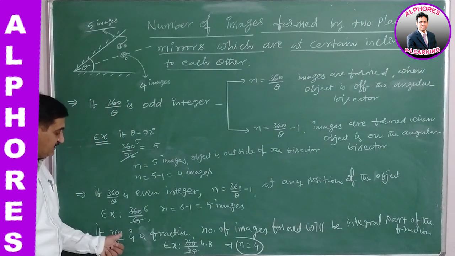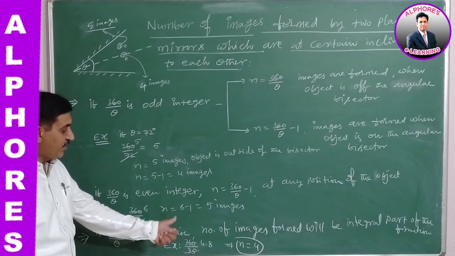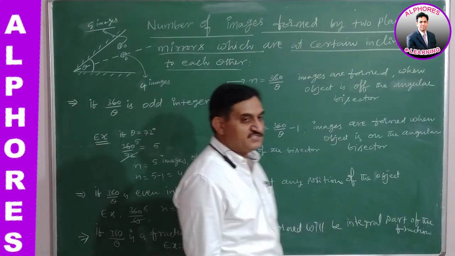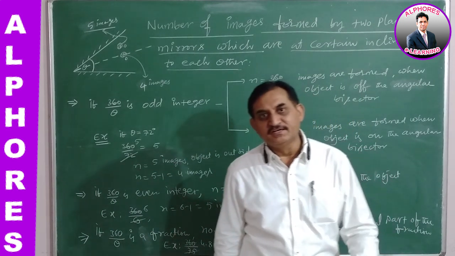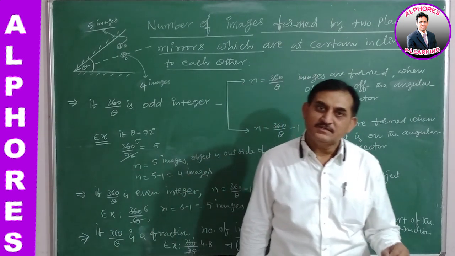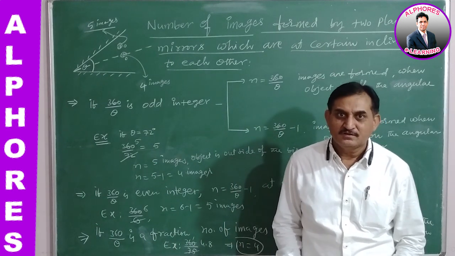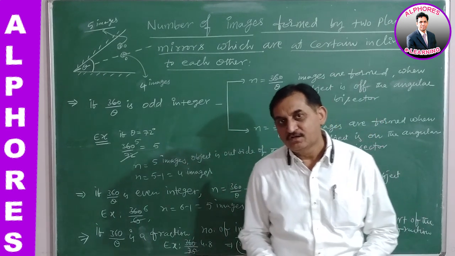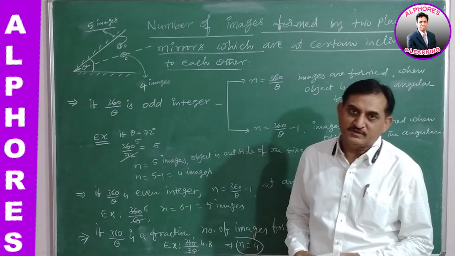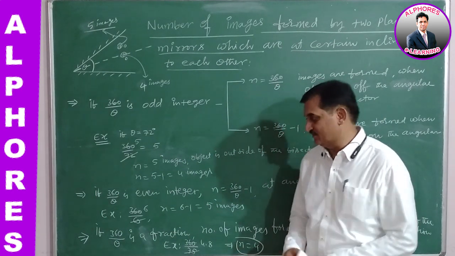If 360 by theta is a fraction, whether it is not giving an odd integer or an even integer, how do you decide the number of images formed by two plane mirrors?